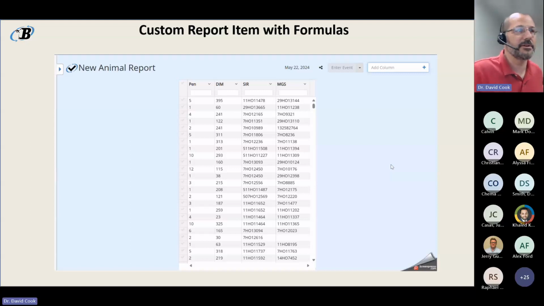Another one can be useful here for genetics is parent average. In the sire one, I can look at the sire, and here's a list of all the different traits from CDCB. And so here I can do equals sire, put in that cheese merit trait, and then come up with, all right, so I'm going to call this one sire CM. So that was good for that sire's cheese merit.